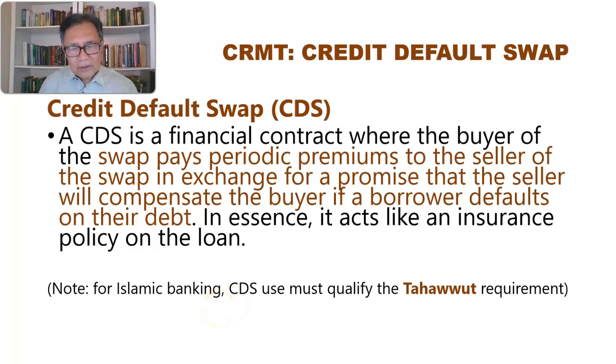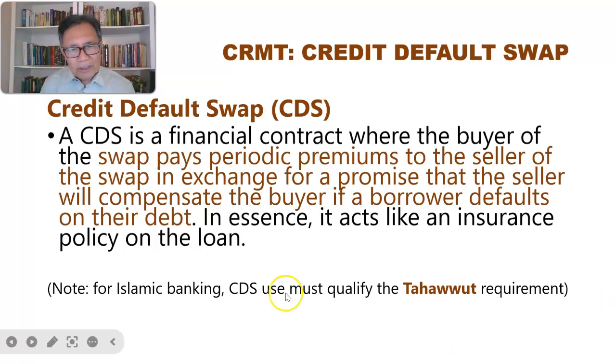In an insurance policy, we will normally pay a premium in exchange for compensation if the event occurs. But the CDS can also be seen as a derivative. It has some benefit, but it can also be used for speculation.